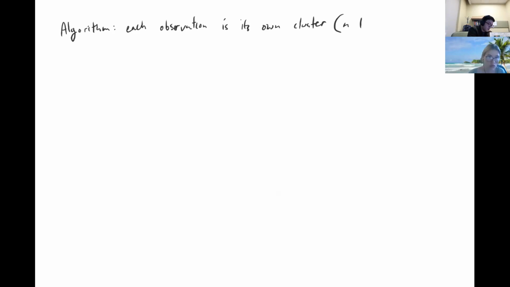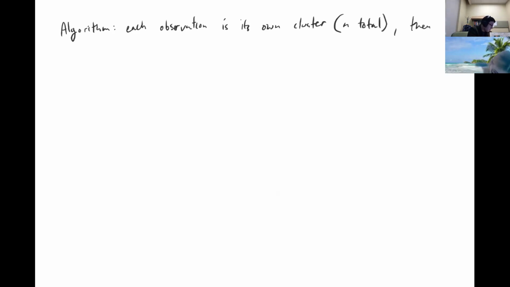So the algorithm to design the tree is actually fairly straightforward. Each observation is its own cluster. So let's say we have n total.